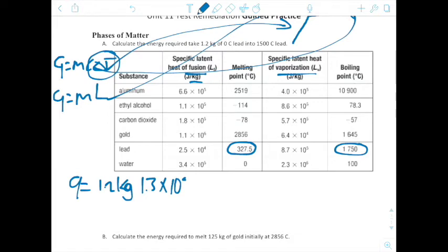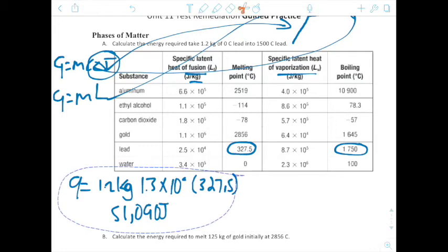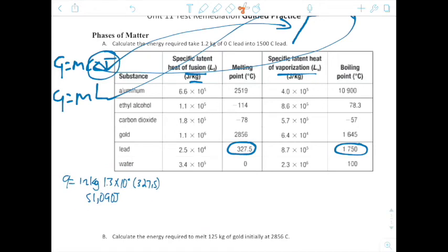Its initial temperature is 0, its final temperature is 327.5, so our change in temperature is 327.5 minus 0. And we get an initial increase of 51,090 joules of energy.